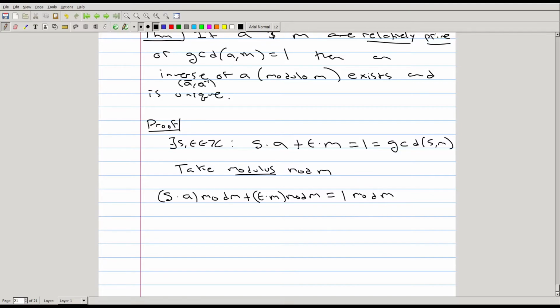So t times m mod m is equal to 0, and we're left with s times a mod m is equal to 1.